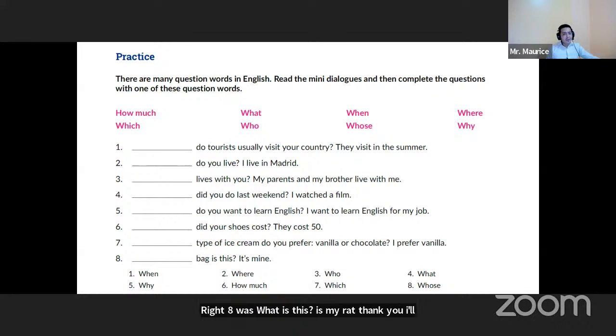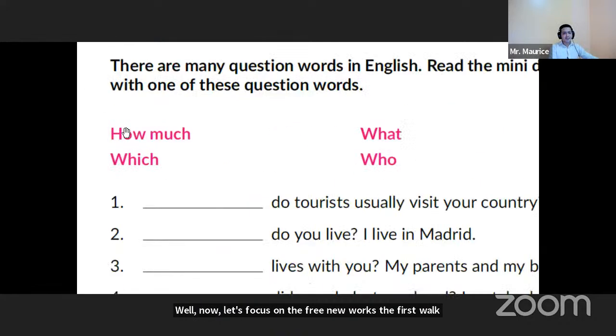Well, now let's focus on the 3 new words. The first one. Como les dije hace un momento, cuando trabajamos con estas WH questions, no existe un concepto o una definición para trabajarla. La primera que tenemos en este ejercicio es la palabra which, que en español significa cuál, cuáles, ¿ok? Which.